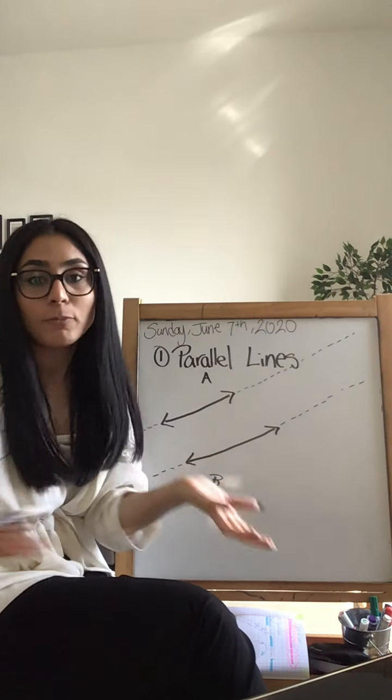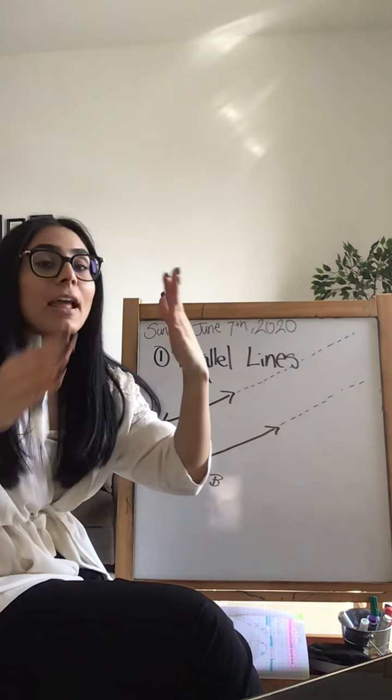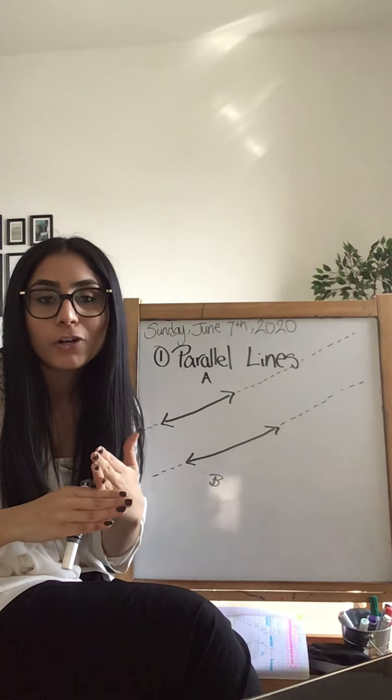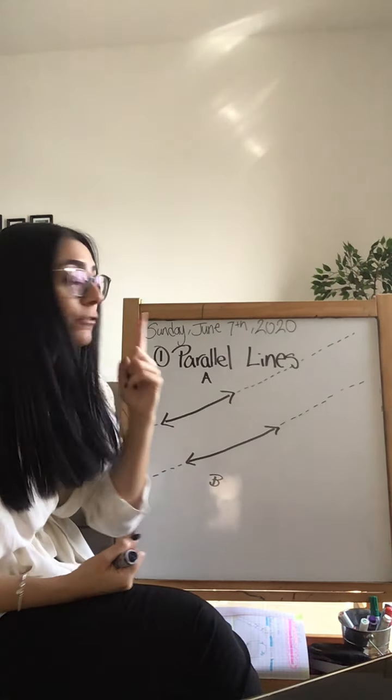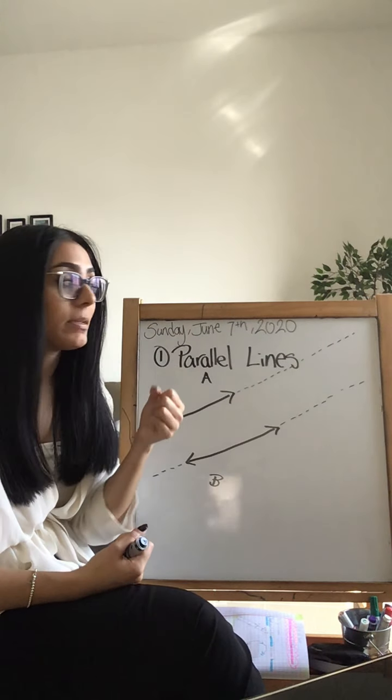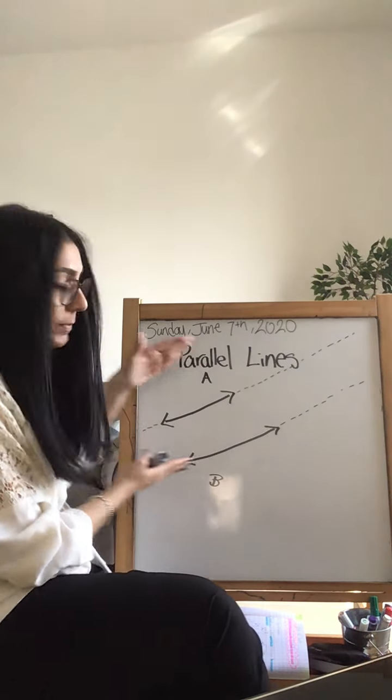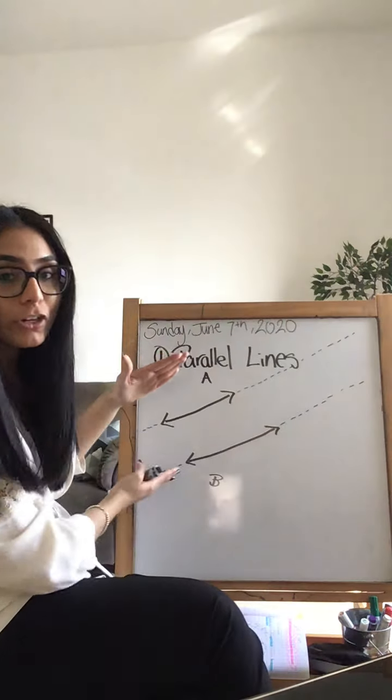Forever, until I run out of paper. But they're never going to cross, right? They are called parallel lines. And remember, that was the first element of a parallel line. That means two lines that will never intersect because they're just going across. They're never going to cross.